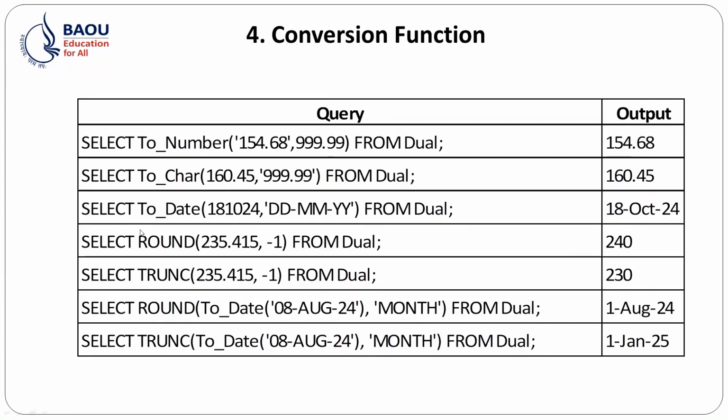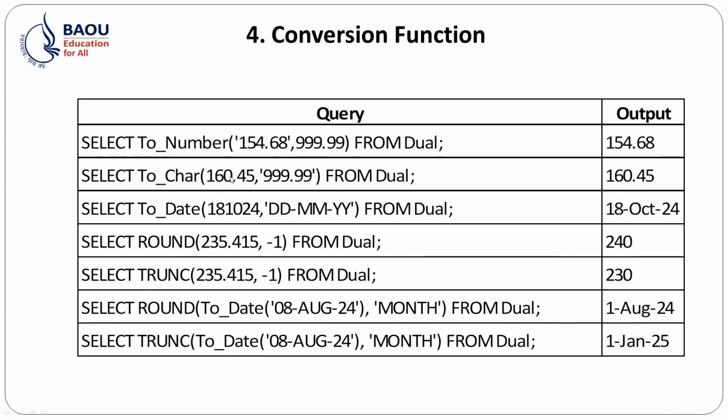The query and output of the conversion functions are shown in the following table. Here select TO_NUMBER and then a single-quoted number. It will display in numeric format, that is this. The single quotation means string and this one is a number.